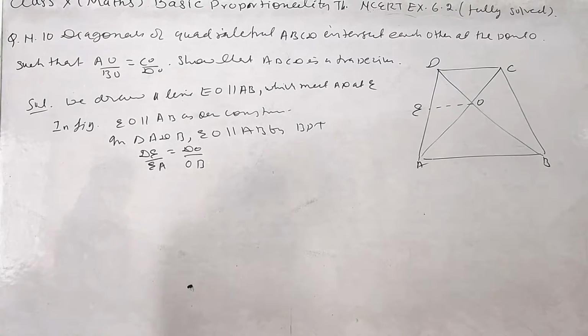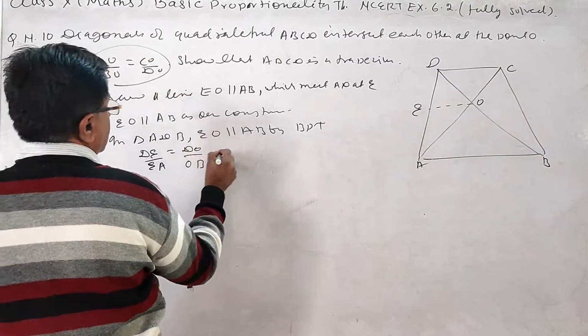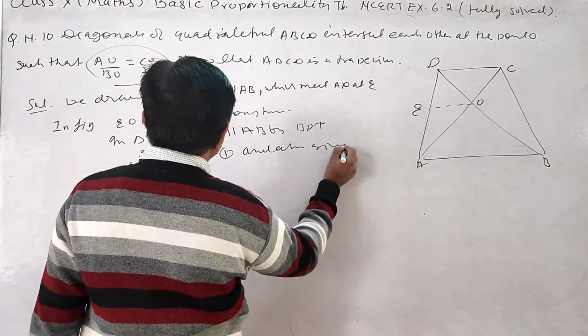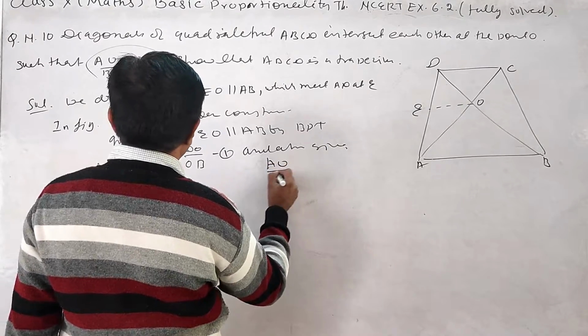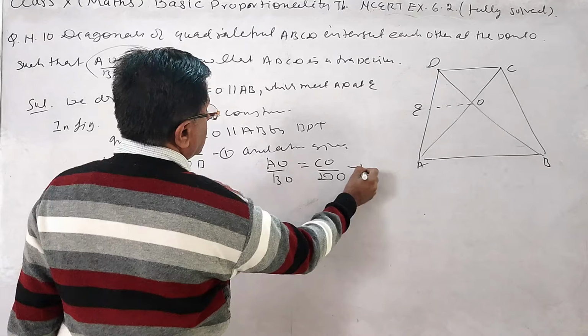And this is the basic proportionality theorem. And what is given? Also given AO upon BO equal to CO upon DO.